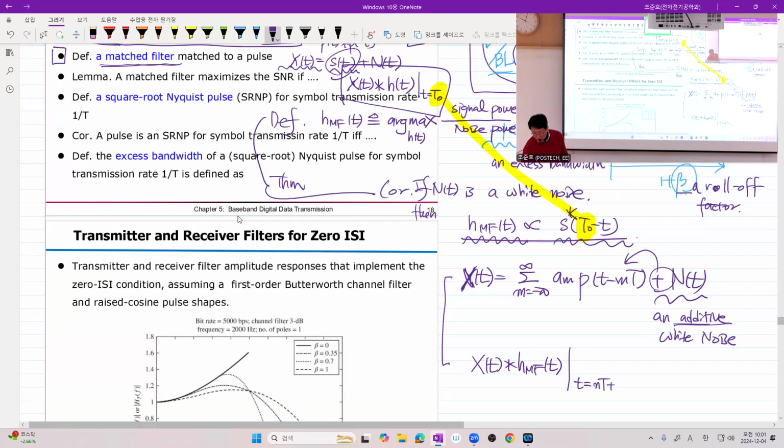Suppose we sample at here with offset 0. Got it? I understand it's very, very confusing at this moment. When I first saw this discussion, I couldn't get anything actually.